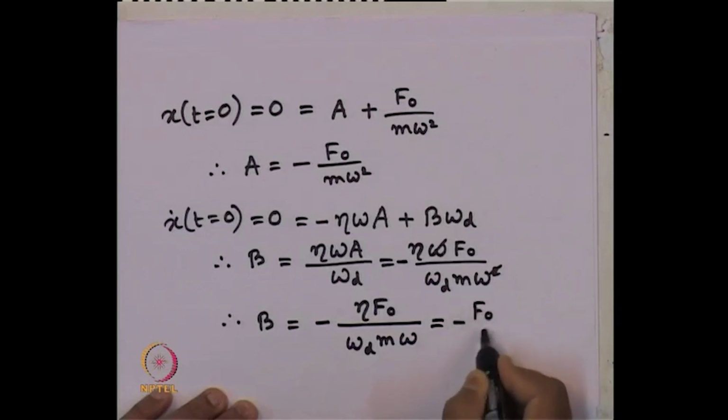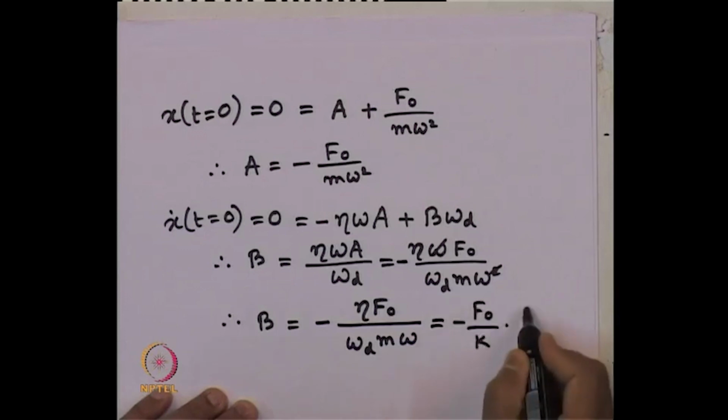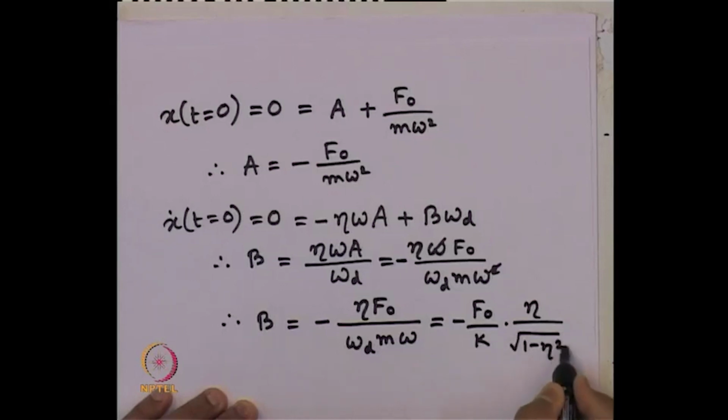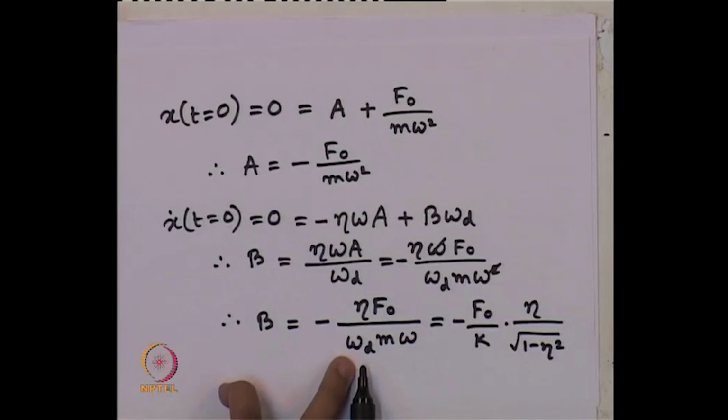Minus f naught by k eta by root over 1 minus eta square, because omega d is nothing but omega times root over 1 minus eta square. So, it becomes m omega square, and m omega square means nothing but k. Okay.